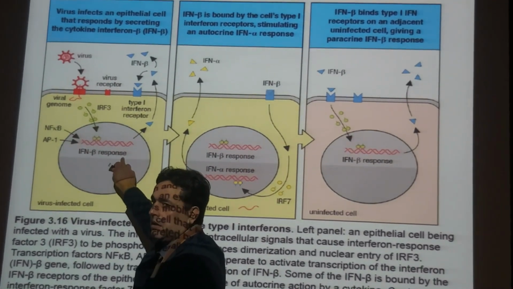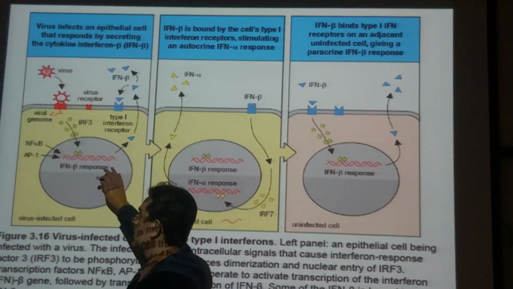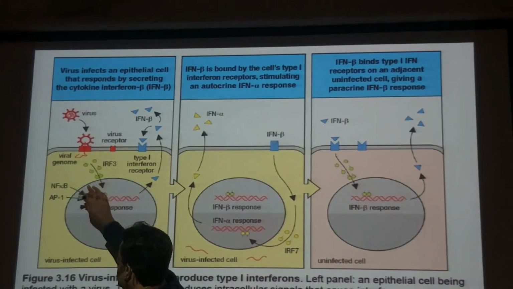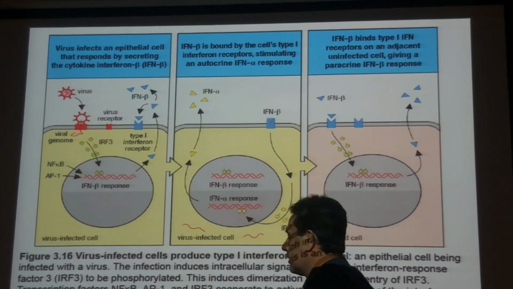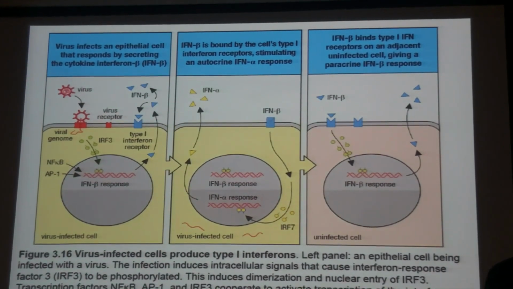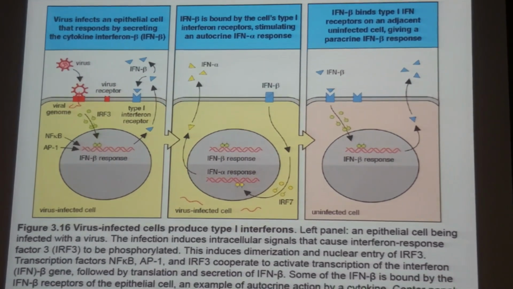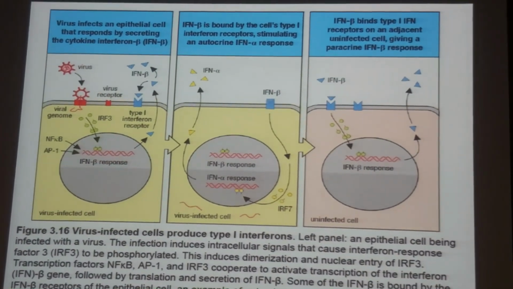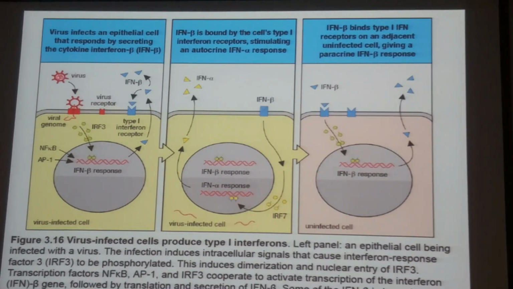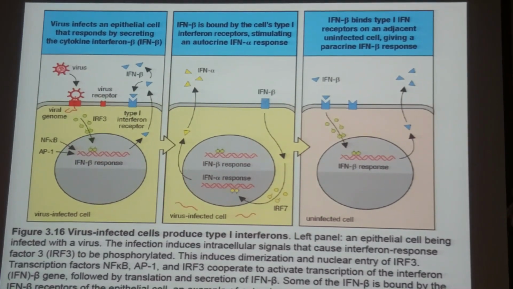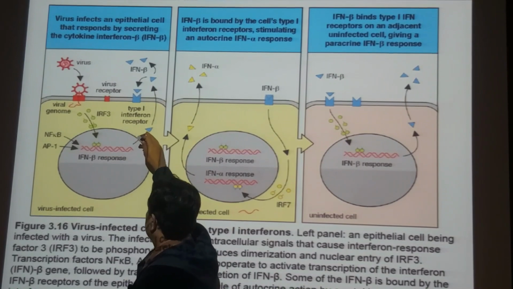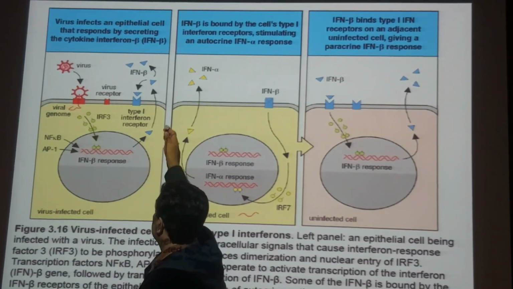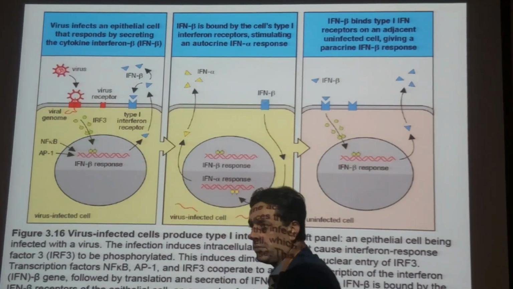beta gene. Okay, so this is the interferon beta response, but it takes the help of NF-kappa B and AP1. These are other transcription factors that we have already talked about in our previous lectures. Now, what happens when interferon beta is produced? This interferon beta exits the cell.